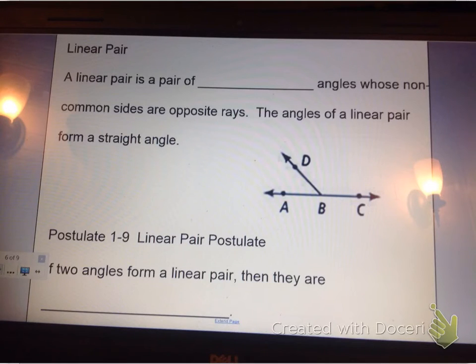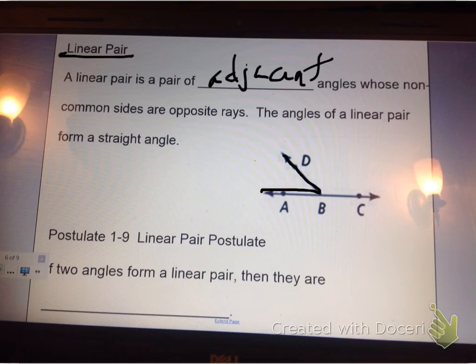Alright, we now begin talking about linear pairs. This is going to be a quick slide, a term that you should all be familiar with. A linear pair, what is it? It's a pair of adjacent angles whose non-common sides are opposite rays. The angles of a linear pair form a straight angle.